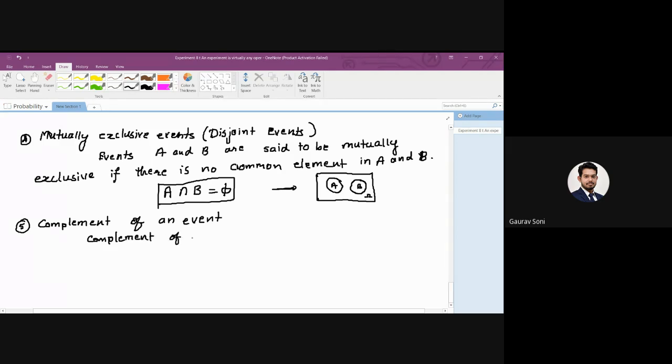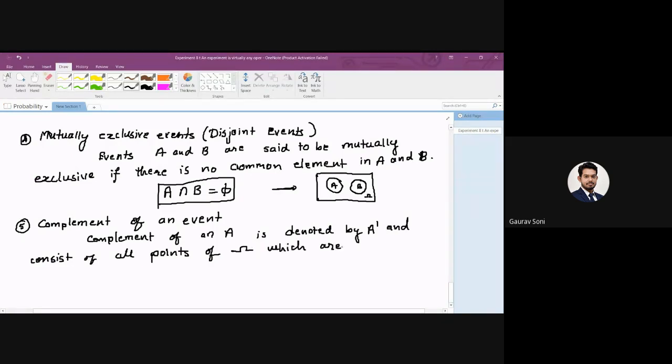Complement of an event A is denoted by A dash and consists of all points of sigma which are not in A. Fine.